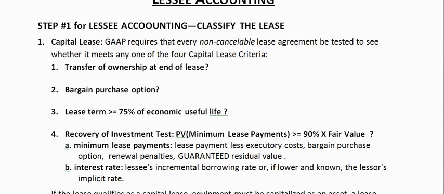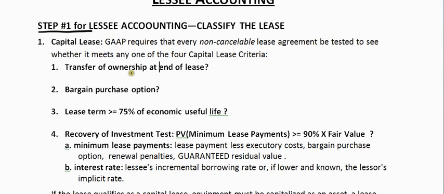Okay, so that was the conceptual nature of a lease, and we kind of got ahead of ourselves, because what we really need to do when we do lease accounting is, the first thing we have to do is classify. This is step one here. Classify the lease.